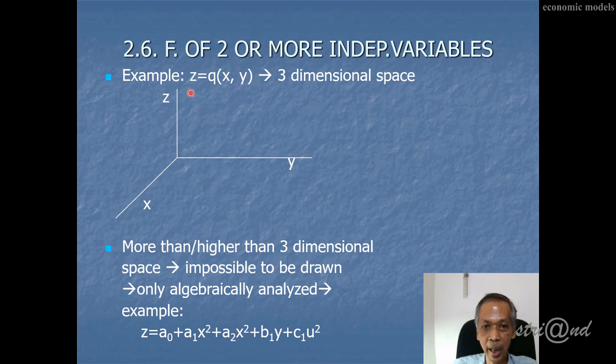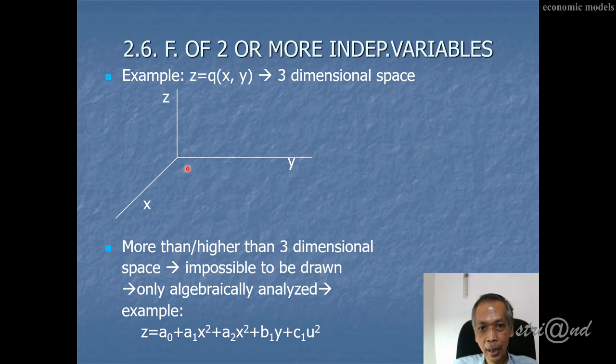So in this example, we have a three-dimensional space. z is a function of x and y. So we have z, x, and y, which means we have three dimensions. In three-dimensional space, we're going to have z here as the height, y as the length, and x expressed as the depth of this three-dimensional space.